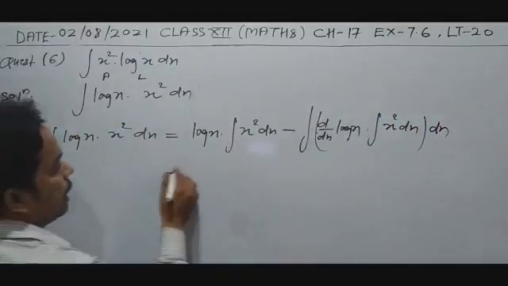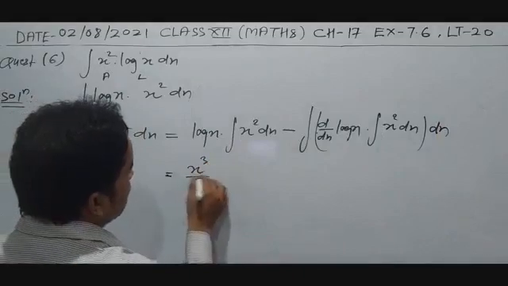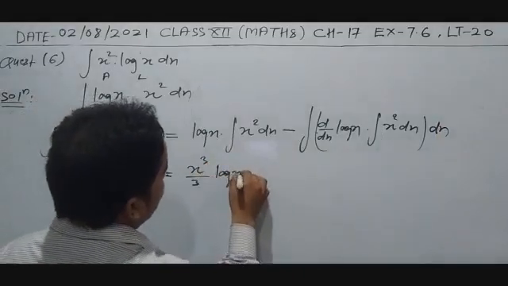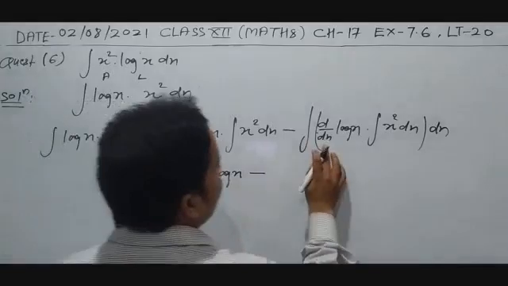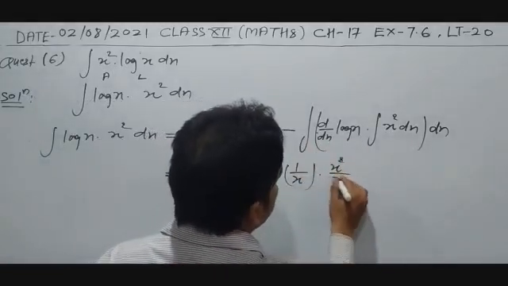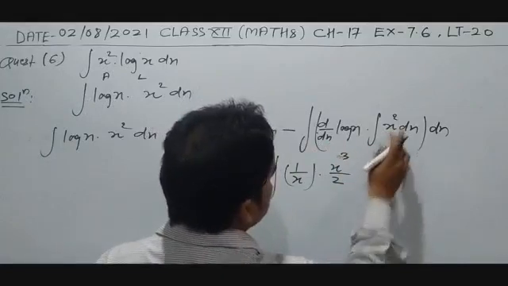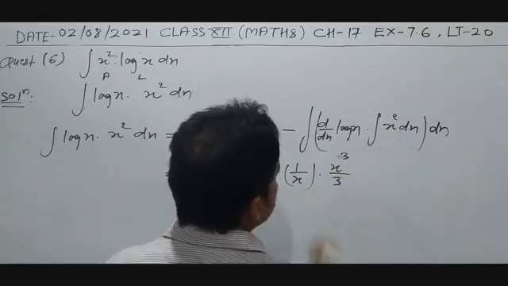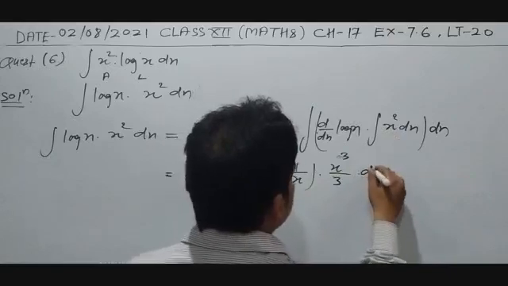Now x square integration, you know result is x cube by 3 log of x minus log of x differentiation, you know 1 by x with x cube by 3, because x square dx integration will be x cube by 3, and now whole dx.